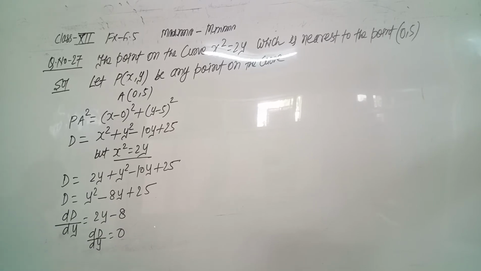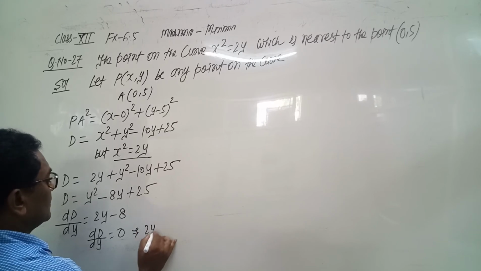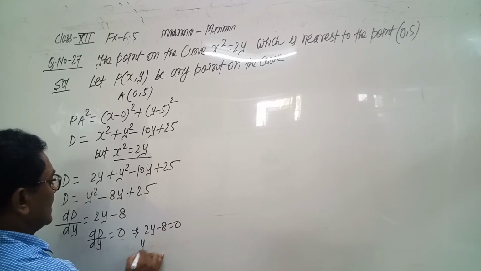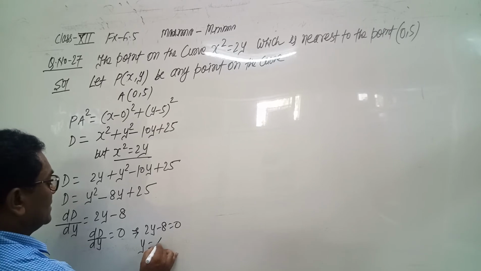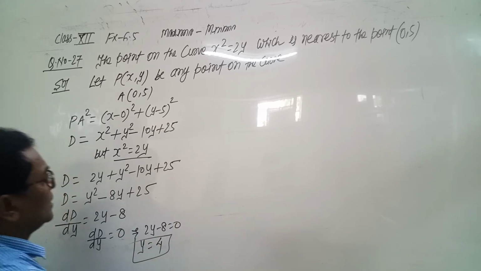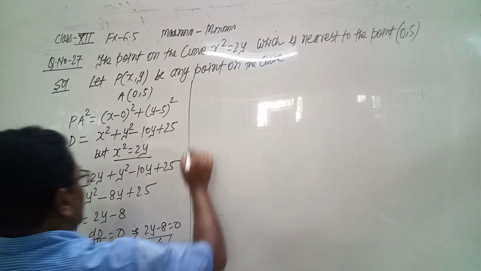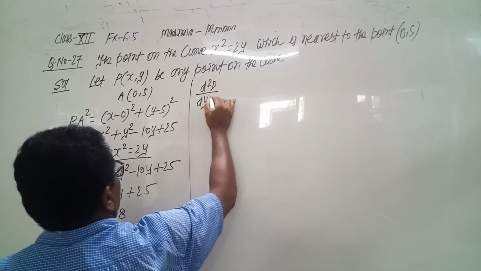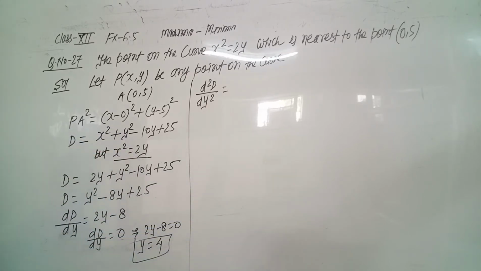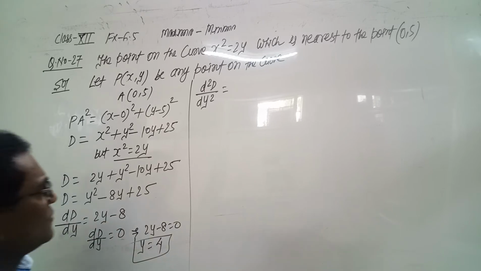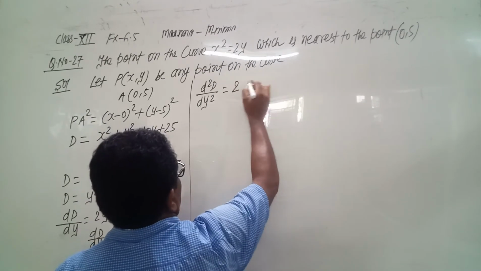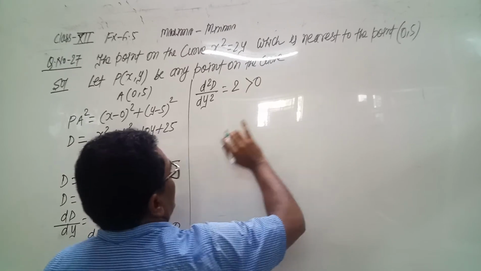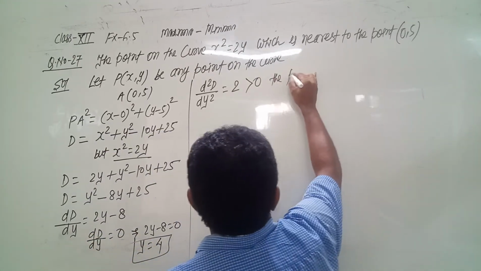So 2y minus 8 equals 0, and we get the value of y equals 4. Now double differentiation: d²d by dy². The differentiation of 2y is 2 and the differentiation of 8 is 0. So the double derivative is greater than 0. It means the point is nearest.